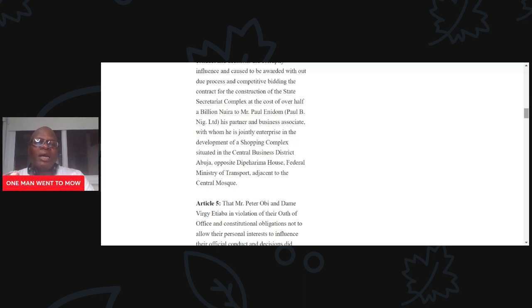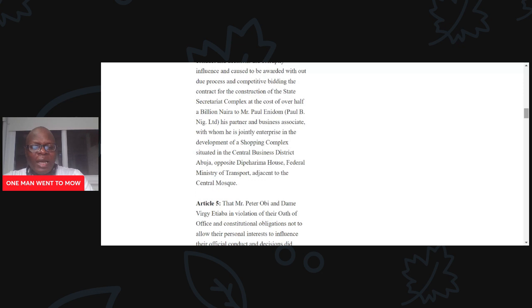So this contract now for the construction of the State Secretariat complex was awarded to the same guy, Paul Enedem, that Peter Obi, as a private businessman, is constructing a shopping complex with in Abuja. So his party man that they are doing business together, he awards a contract, 500 million. And by the way, when we are saying 500 million, this is 2006.